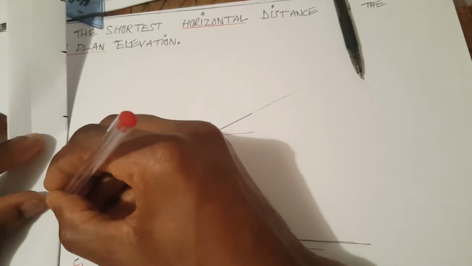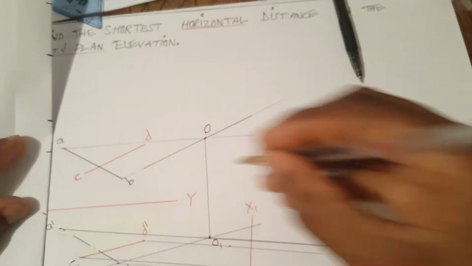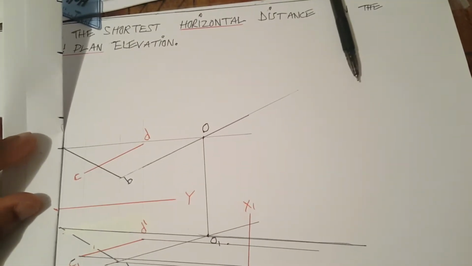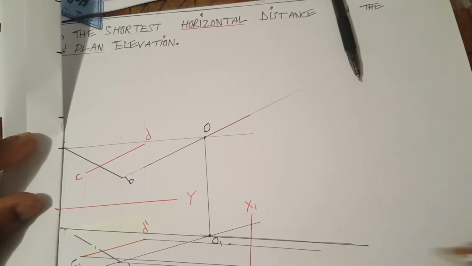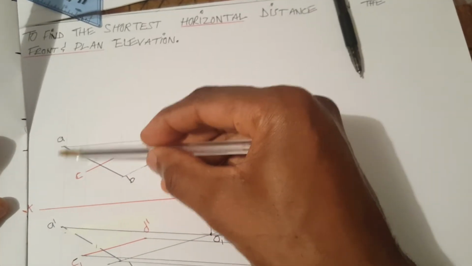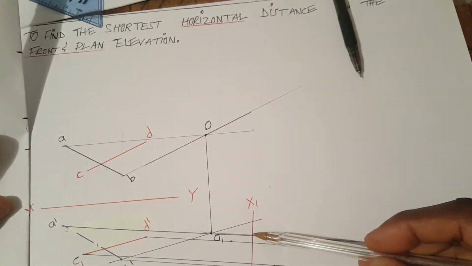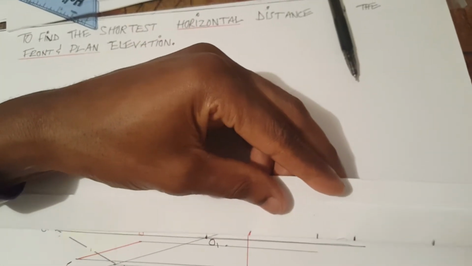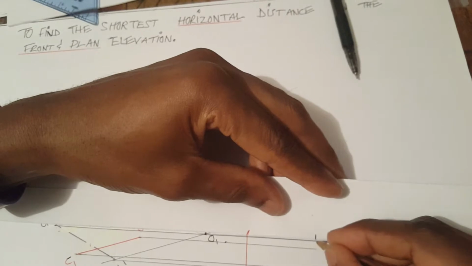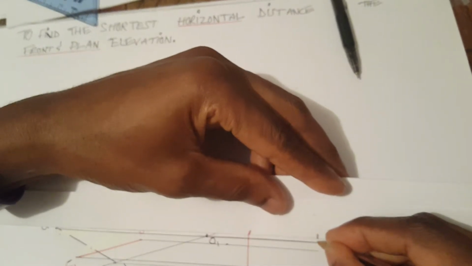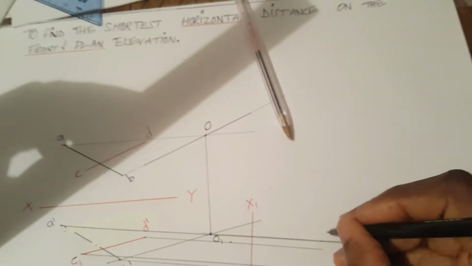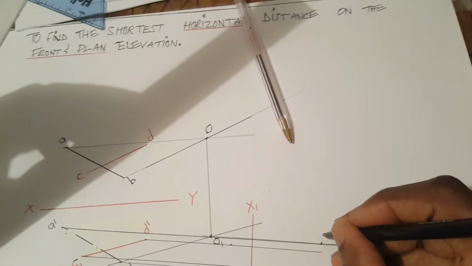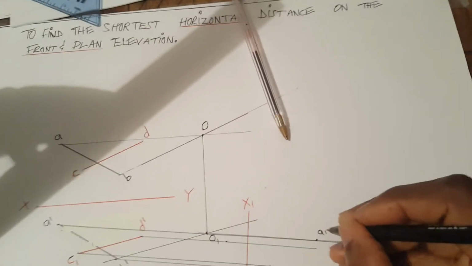So for here, this is A. I look for A line, I then trace this back to A line. A is here. I then transfer that distance here. This is A prime.